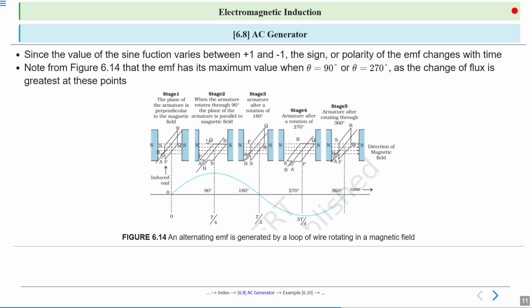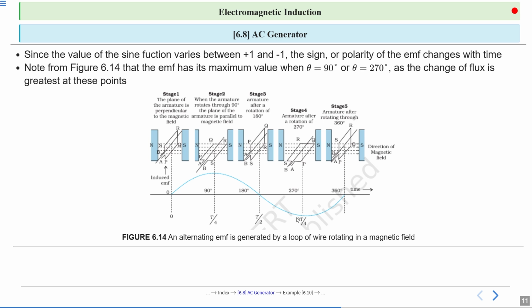After this, the cycle will follow again and the graph will be similar to that waveform. After time t, this EMF or induced current will repeat its value. So it is alternating EMF or alternating current with maximum values.